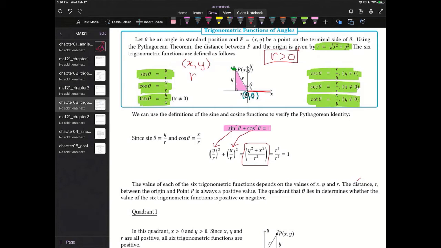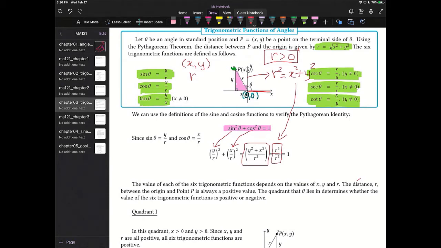Now, y squared plus x squared comes from the Pythagorean theorem, which means r squared, right? So it comes from here that the hypotenuse squared equals x squared, one of the legs, plus the square of the other leg. So that sum on the top of the fraction, of course, is r squared. So on the bottom, you also have the same quantity, r squared.